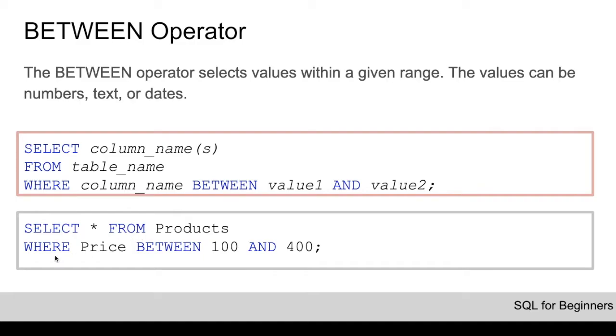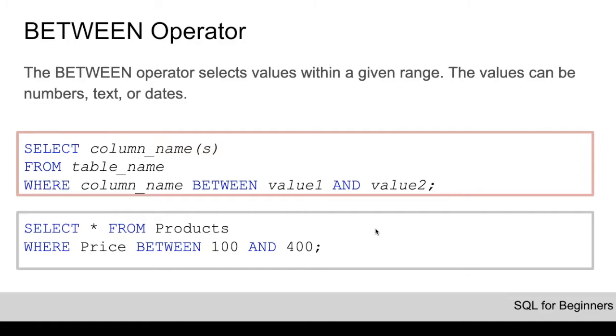For example, we want the price to be between 100 and 400. So this query would give us the result set where all products would have the price between 100 and 400.